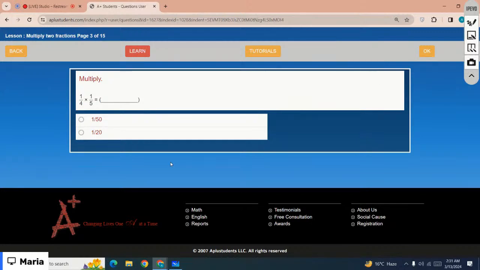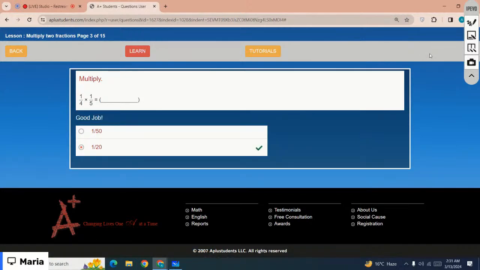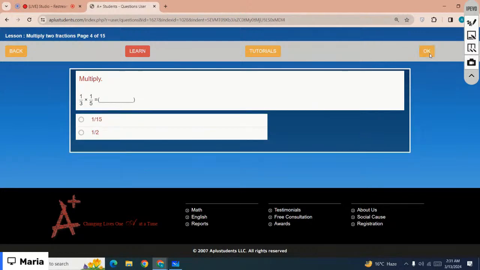Very good. That is 1 out of 20. Option number 2 is the correct option. 1 by 3 times 1 by 5. So, which is the correct option?